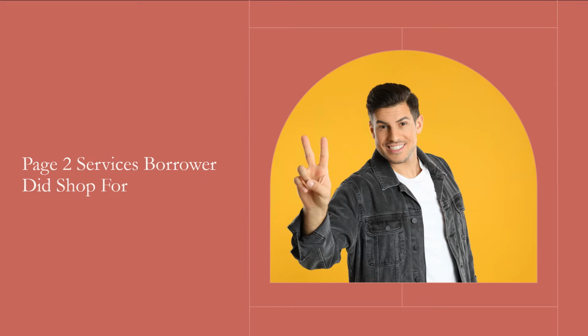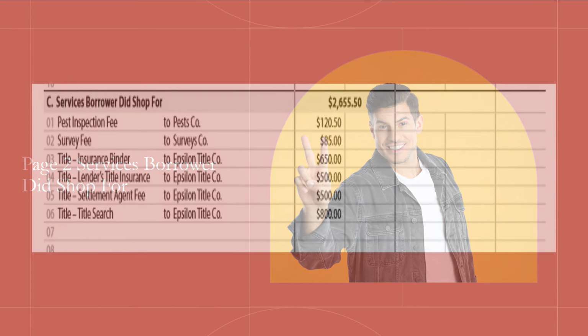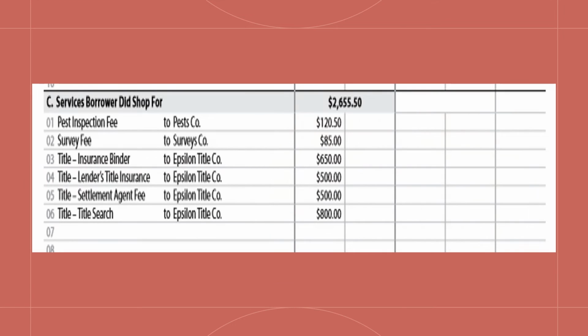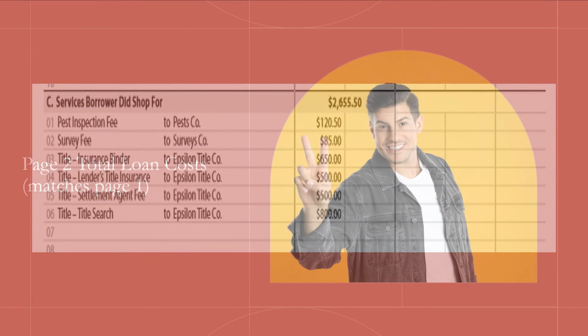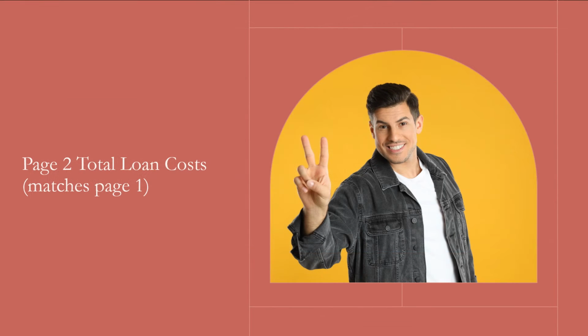They're going to choose who they're using for title insurance for a binder policy. And then the loan cost, including the items that the borrower shopped for and was charged but not allowed to shop for, is going to be totaled.